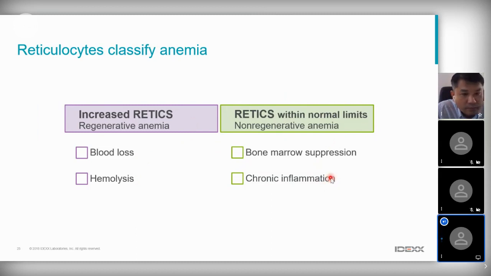So these are the possible causes of the anemia. And we are using retics to classify it because these are just 3 days old. So they can tell us more about the bone marrow health and bone marrow suppression, other than the RBCs, which are about a week old. Over to you, Professor Tan.